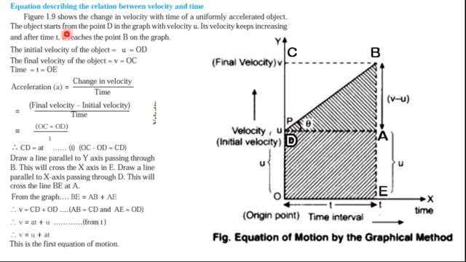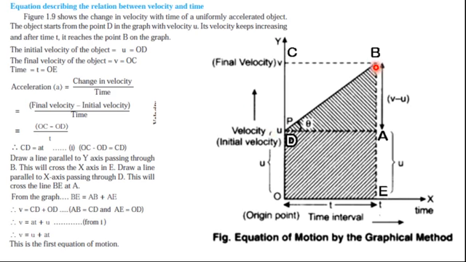The object starts from point D in the graph, and starts moving with some velocity u, the initial velocity u. Its velocity keeps increasing, increase and increase after some time t. If velocity increases, it requires some time.